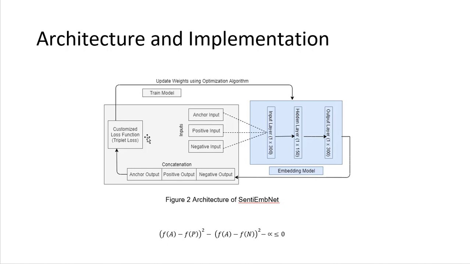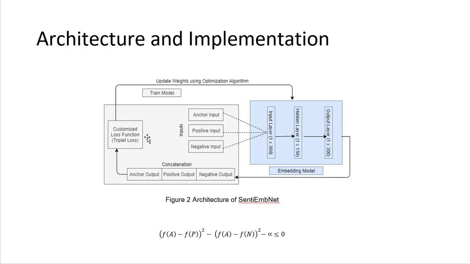In the customized triplet loss function, it is trying to identify the squared distance between anchor and positive, and anchor and negative. Obviously, the anchor and positive distance must be less than the anchor and negative distance, provided that the anchor is a positive word. So the difference should be less than alpha.